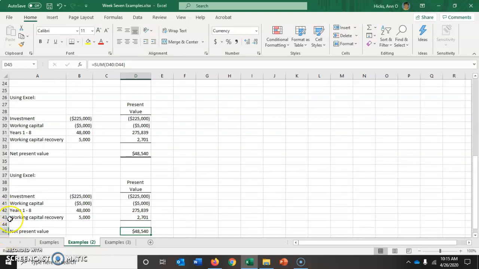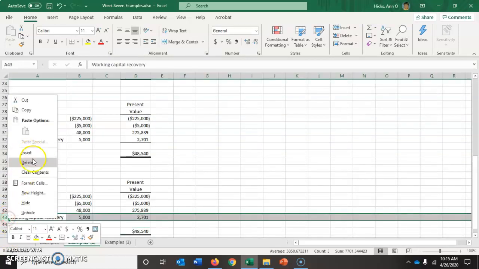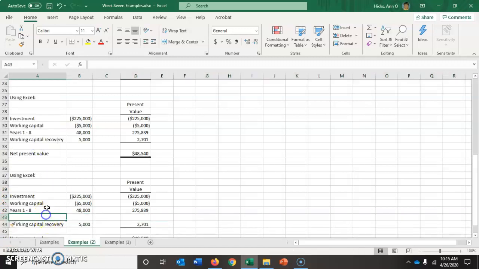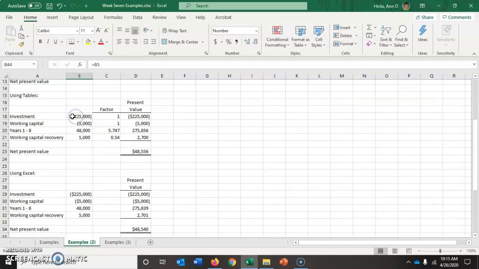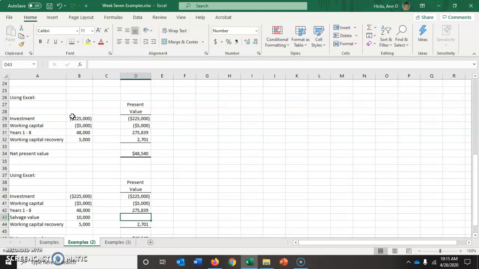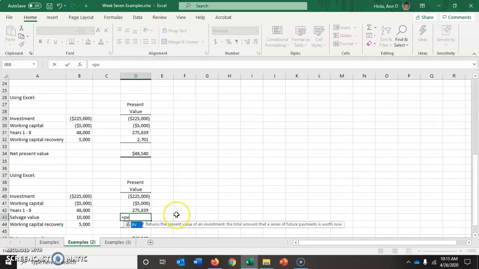And then let's add in a row for the salvage value of 10,000, which we will get back at the end of the life. And that will be the same formula really as the working capital recovery.